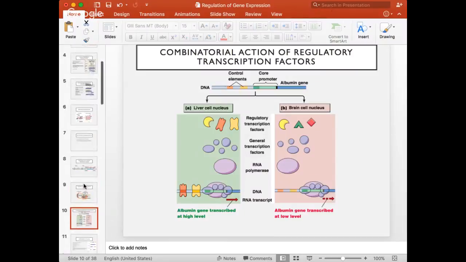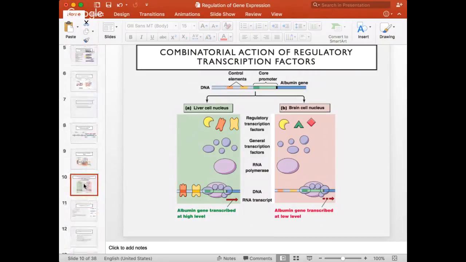This figure explains the combinatorial action of regulatory transcription factors. Here is just the regular gene, and you see your promoter region, and you see the control element where you could find the enhancer, and where the regulatory transcription factors bind to.